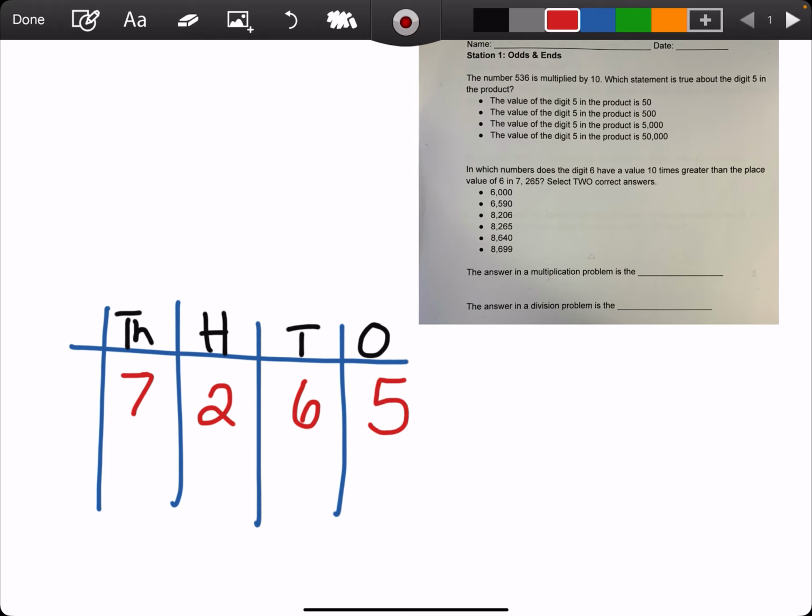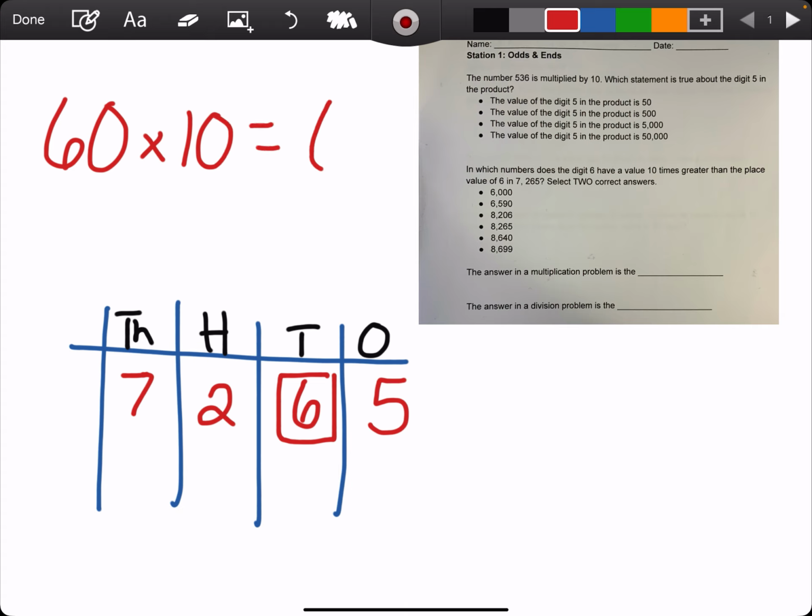So I'm looking for 10 times greater than the value of 6 in this number. The 6 is in the tens place, which is 60. So 10 times greater than 60, I know, is 600.